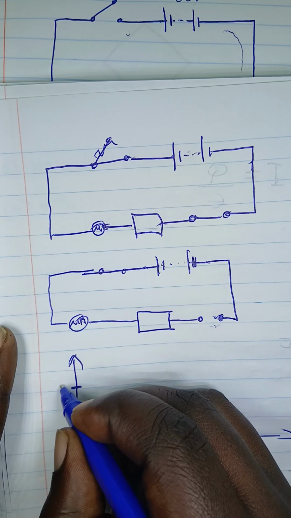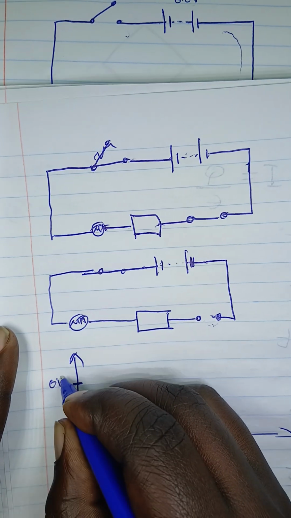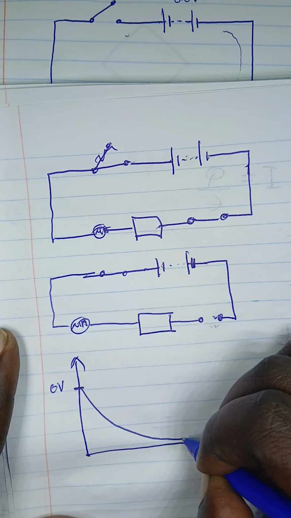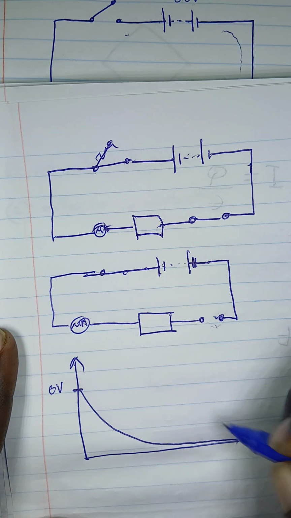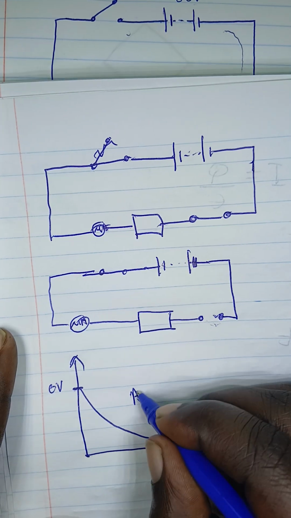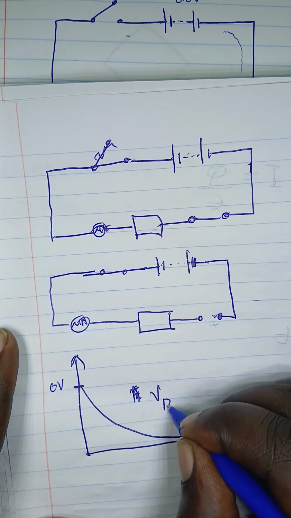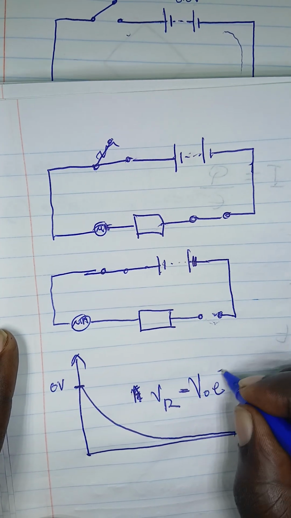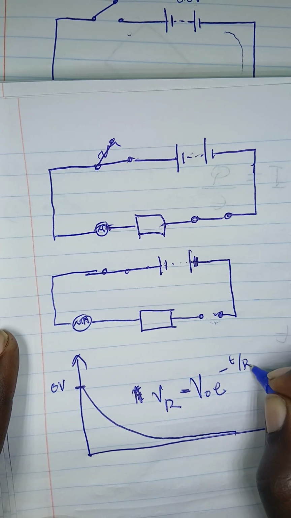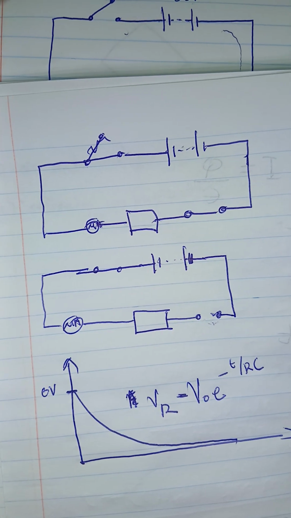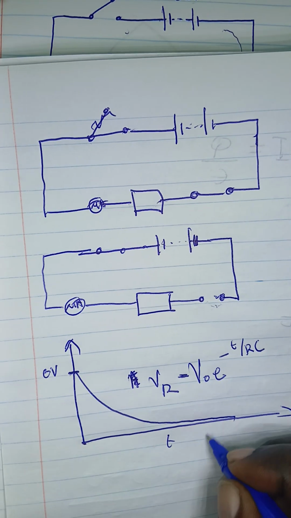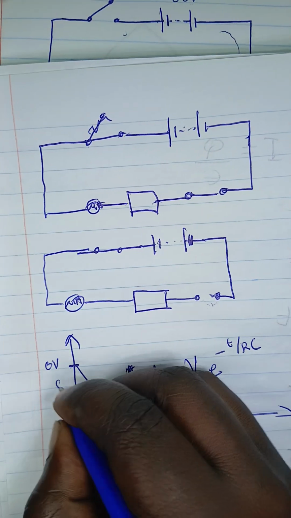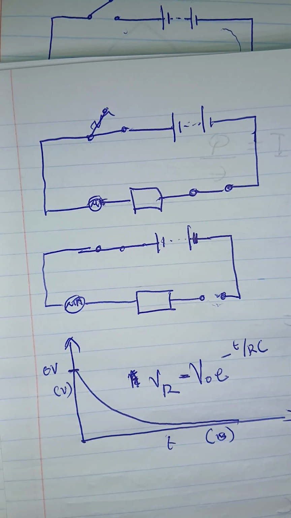So the voltage across the resistor starts at 6 volts and it decreases exponentially until it reaches 0. So V across the resistor is equal to V naught, which is 6, times e to the power minus t over RC. So that will be the voltage across the resistor, and this axis is t in seconds, and this is the voltage in volts. So that's going to be the diagram.